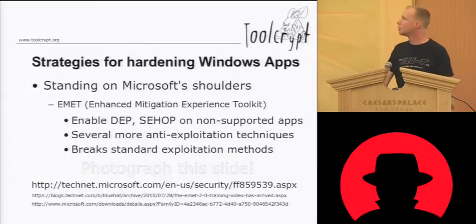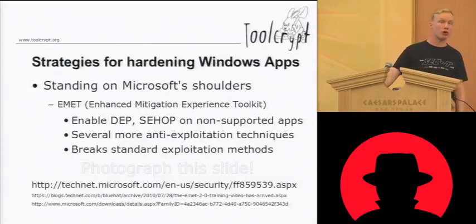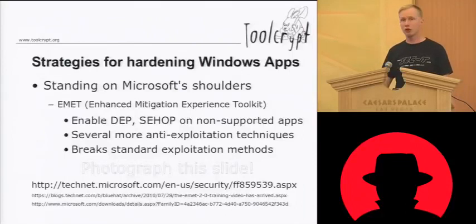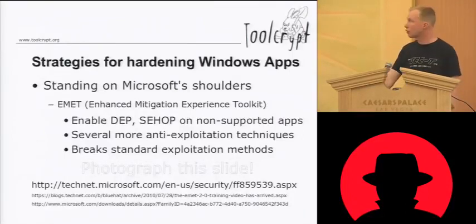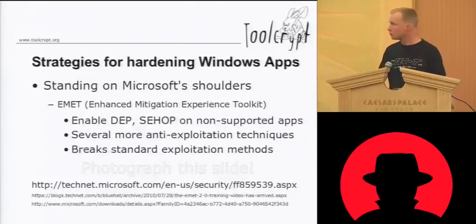EMET has taken some of these mitigation techniques that we've talked about that are available on Vista and above, for example SEHOP, that's only available on later operating systems, and ported it into something that's compatible on XP as well.